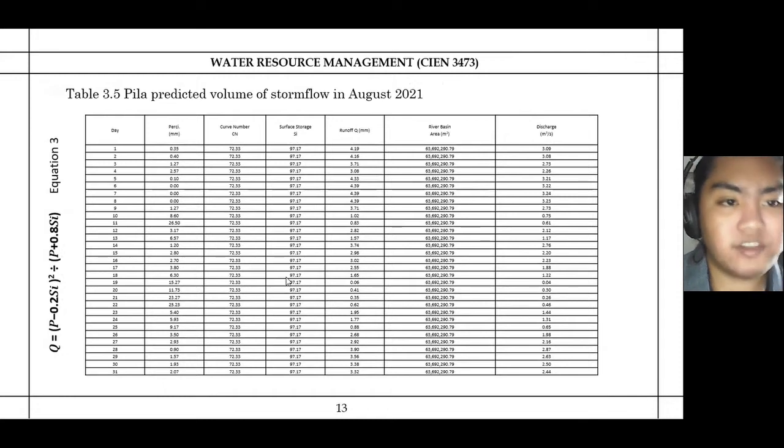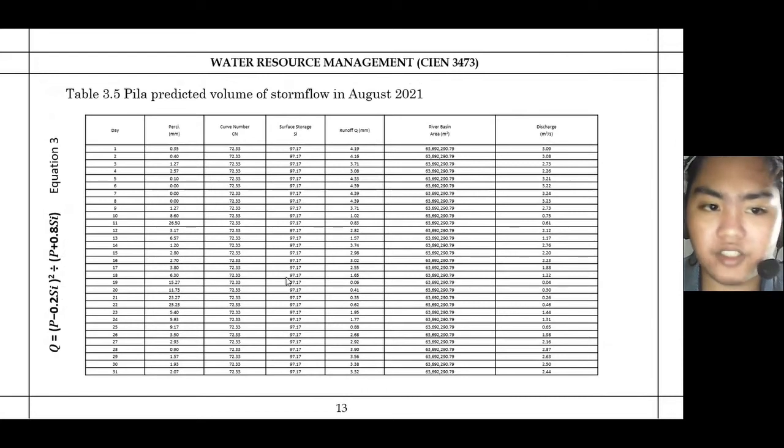Table 3.5, Pila predicted volume storm flow in August 2021. The precipitation amount being used is the August 2021 amount. The curve number is computed by a land use map provided by Kyoto University and LLDA.